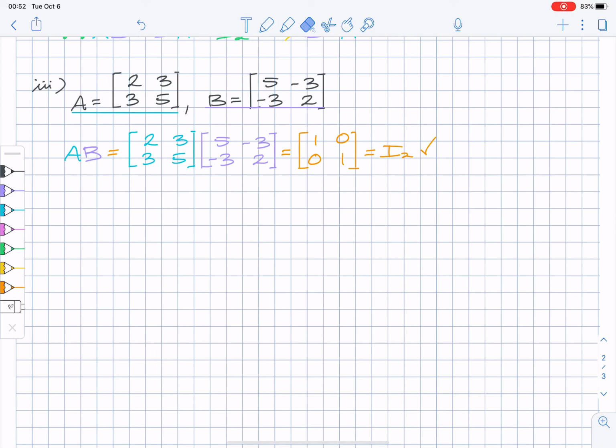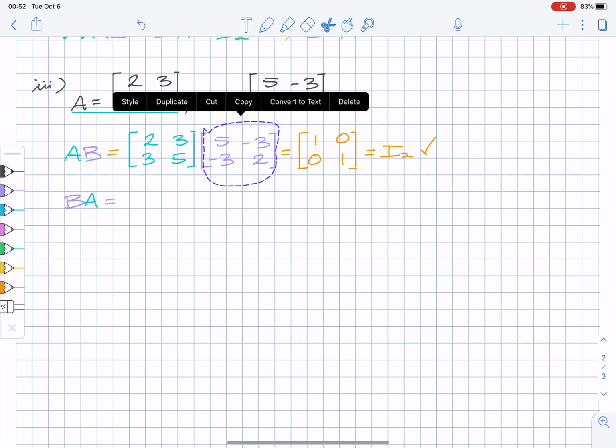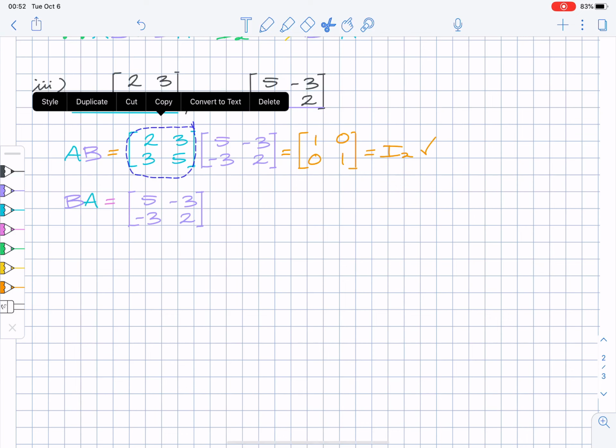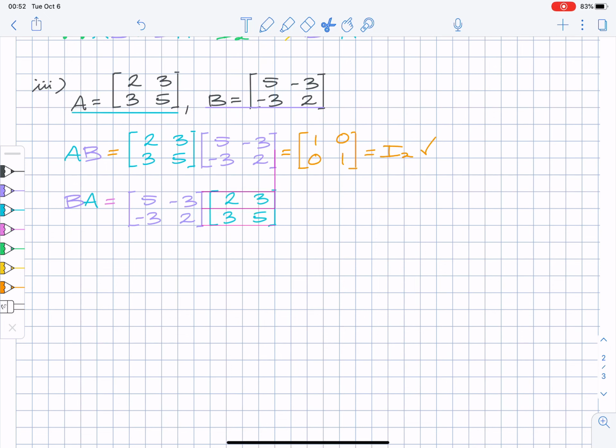So let's go the opposite way. So B times A. That's going to be purple first. Oops, I'm missing one of the, so purple times blue, and what is the entry in the first row and the first column?